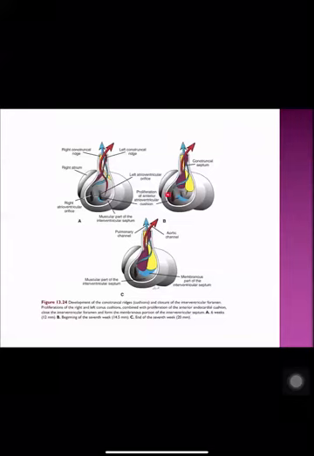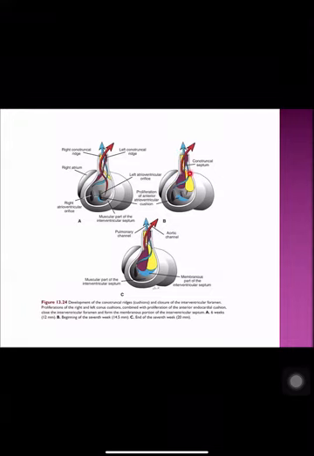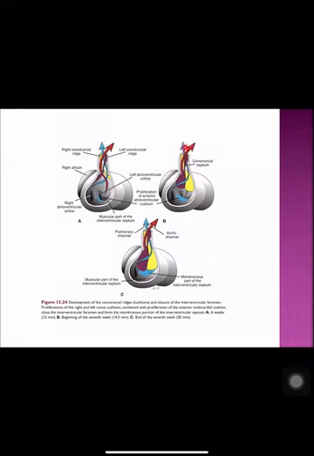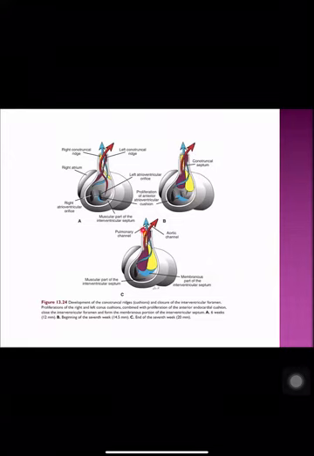Now, with the further development, the right side will grow distally onto the left, while the left side will grow distally onto the right. So they appear like they will twist around each other. This will lead to the formation of the spiral septum that will divide the lumen of the truncus into the aortic channel and the pulmonary channel.